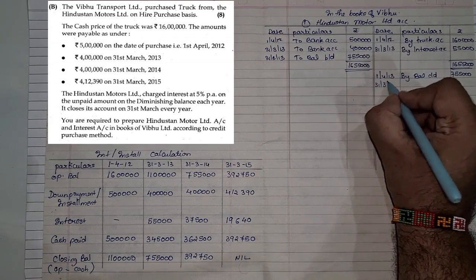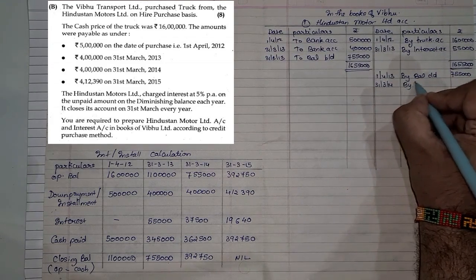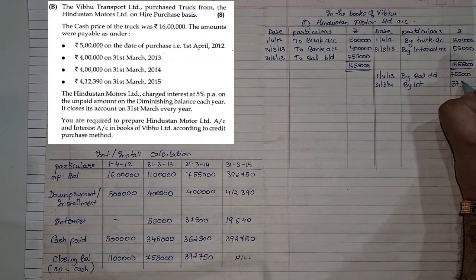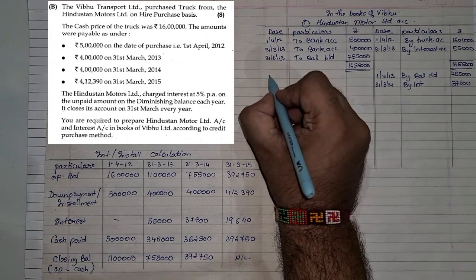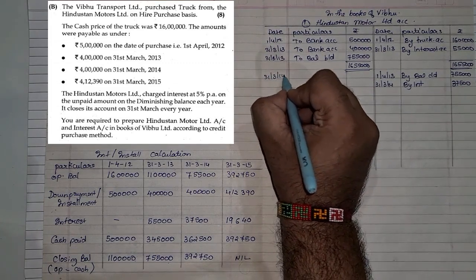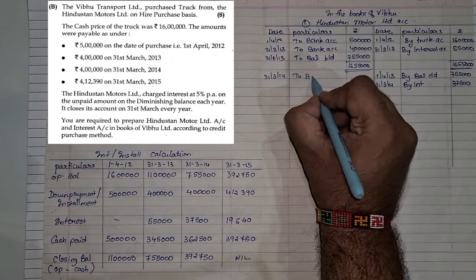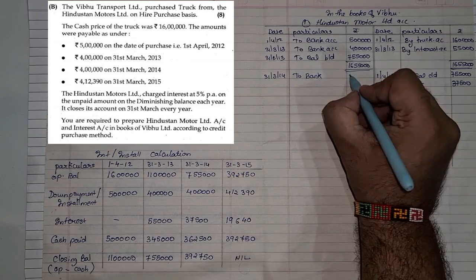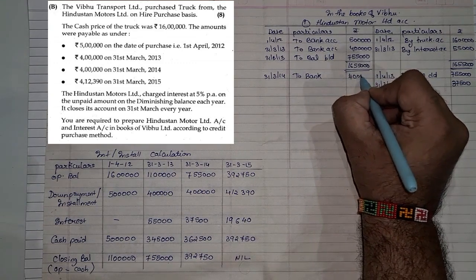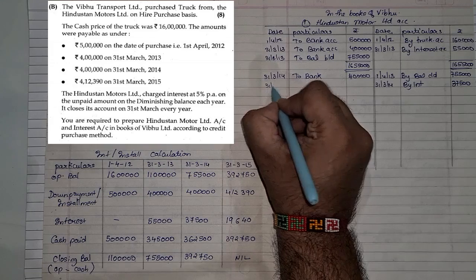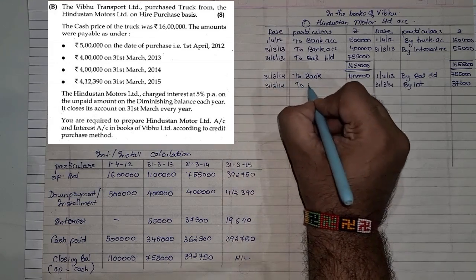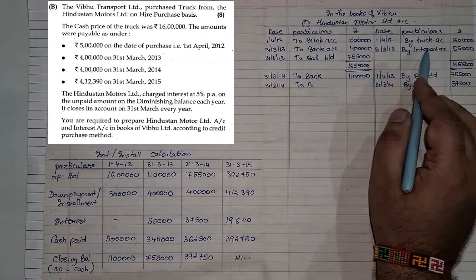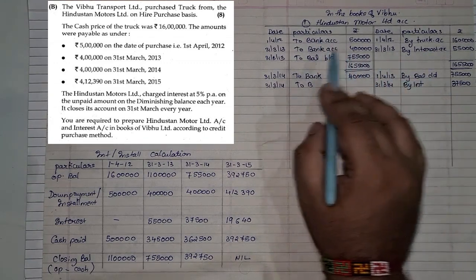So on 31st March 2014 we were charged with interest. So by interest, second is 37,500. Same date, 31st March 2014, to bank account, the installment is 4 lakhs. And on the same day, 31st March 2014, to balance. Only in the first year, remember, we have a down payment, so one extra entry is there. Otherwise only interest, installment, balance.